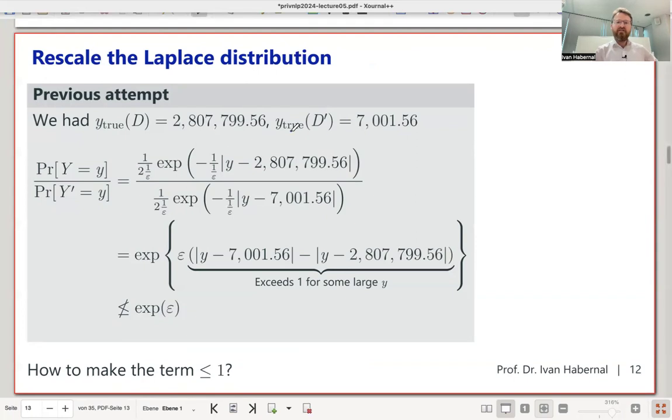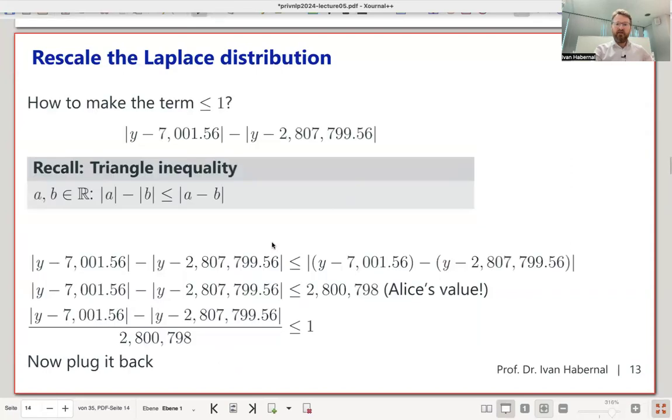We used this naive Laplace 1 over epsilon scale, and this will exceed. So how to make this term smaller than 1 is exactly by using this max value and by dividing this by the max value.